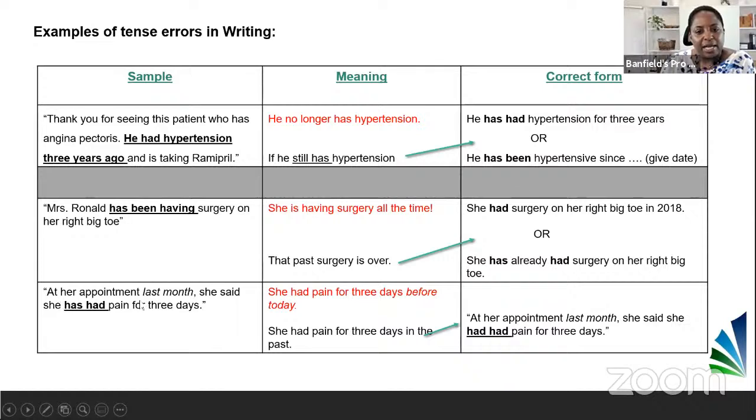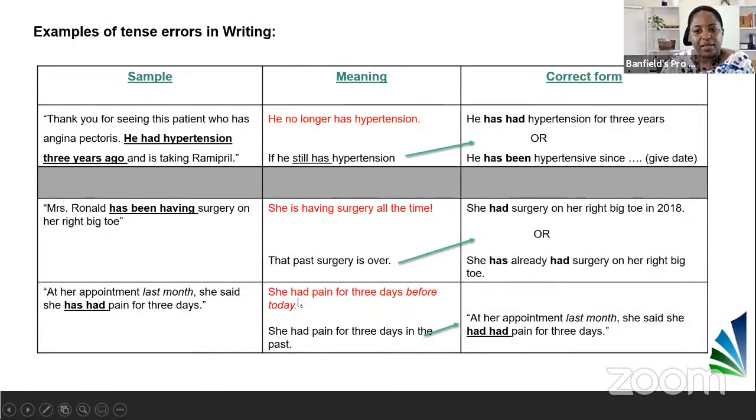Another one: at her appointment last month, and pay attention to the last month, she said she has had pain for 3 days. Why is this confusing? Because if you say she has had pain for 3 days, that is present perfect. That means you're talking about up until the present, up until today.